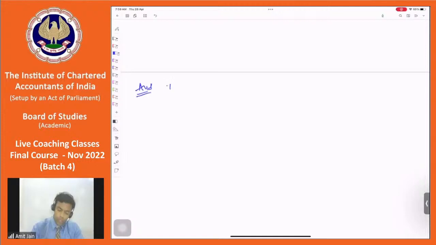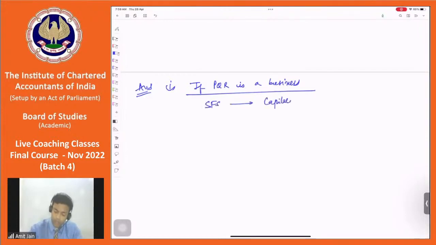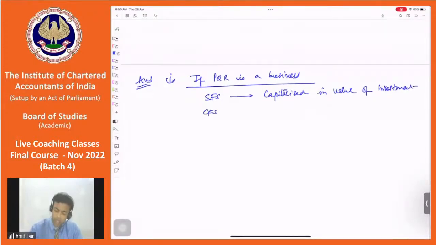So first point, if PQR Limited is a business, in the standalone books, capitalized in value of investment. In the CFS, it will be charged to P&L.